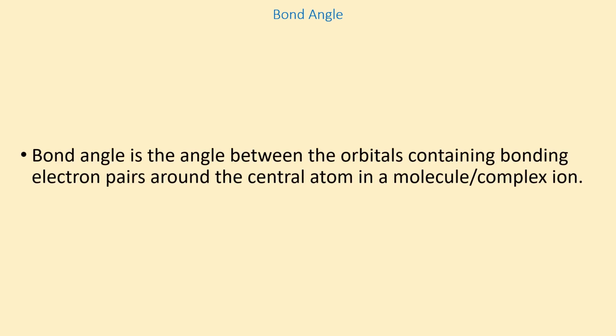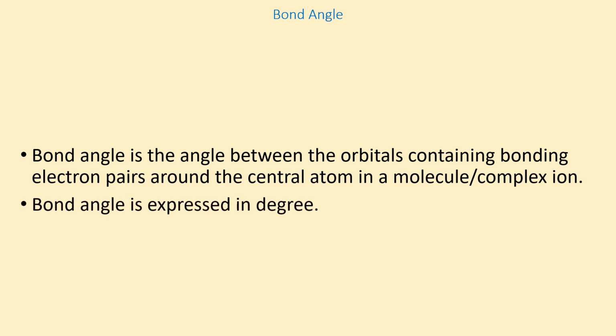The next parameter is bond angle. Bond angle is the angle between the orbitals containing bonding electron pairs around the central atom in a molecule or a complex ion. So I will read it once again. Bond angle is defined as the angle between the orbitals containing bonding electron pairs around the central atom in a molecule or complex ion.